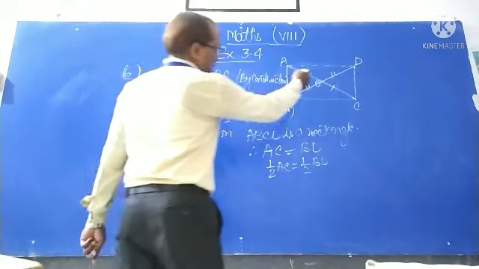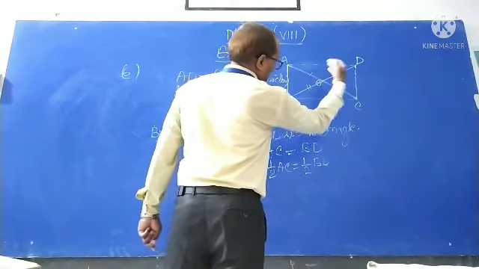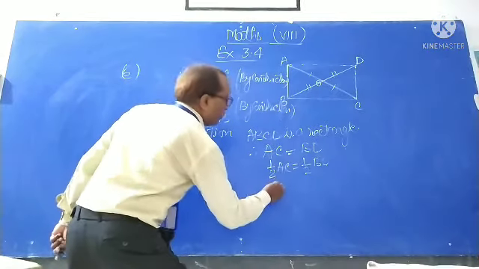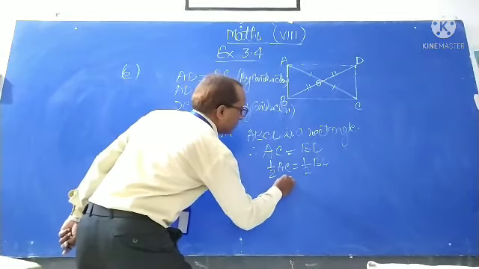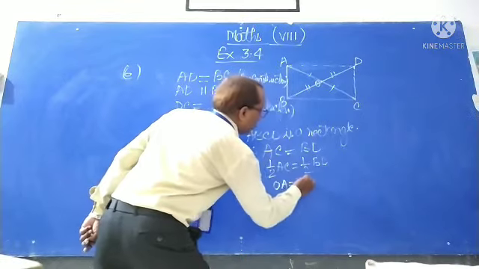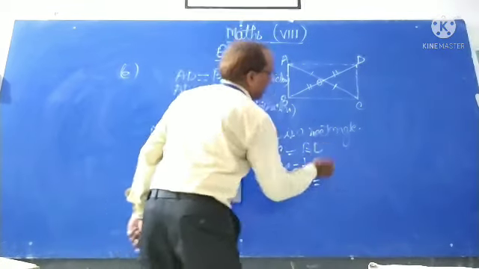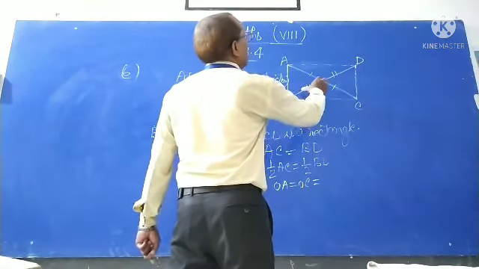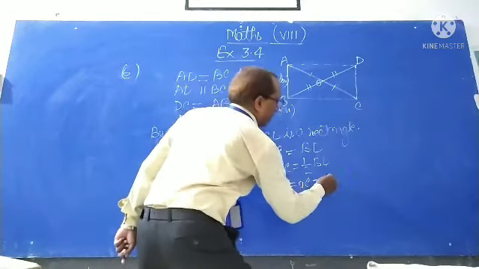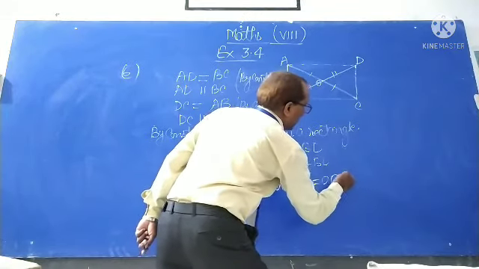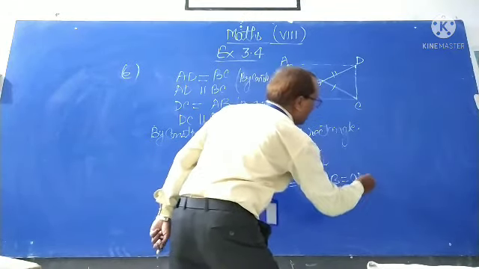Half AC means OA is equal to OC, and half BD means OB is equal to OD.